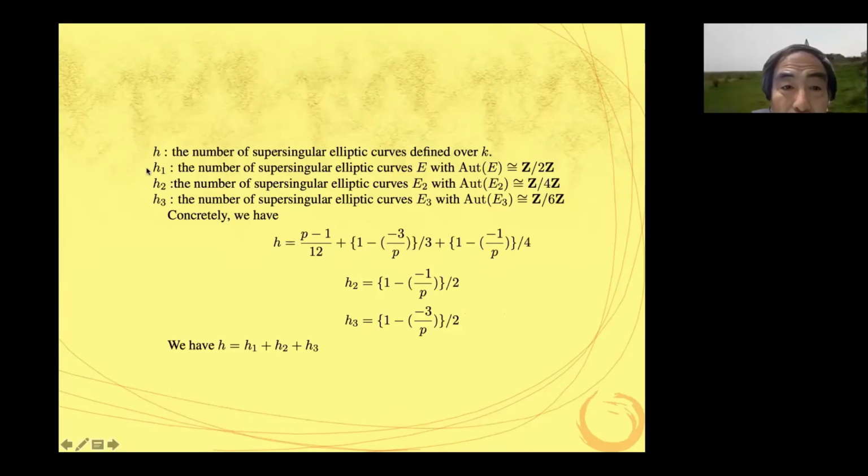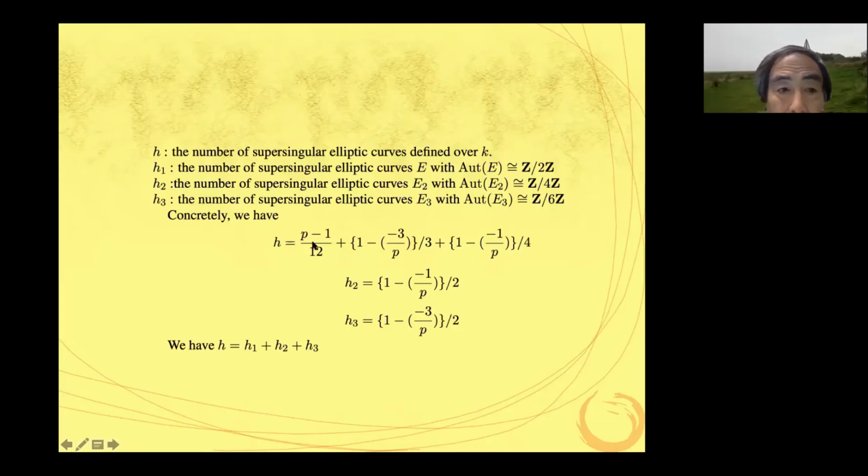And we denote by H the number of supersingular elliptic curves, and H1 the number of supersingular elliptic curves E with this automorphism group. H2 is the number of supersingular elliptic curves E2 with this automorphism group, and H3 the number of supersingular elliptic curves E3 with this automorphism group.